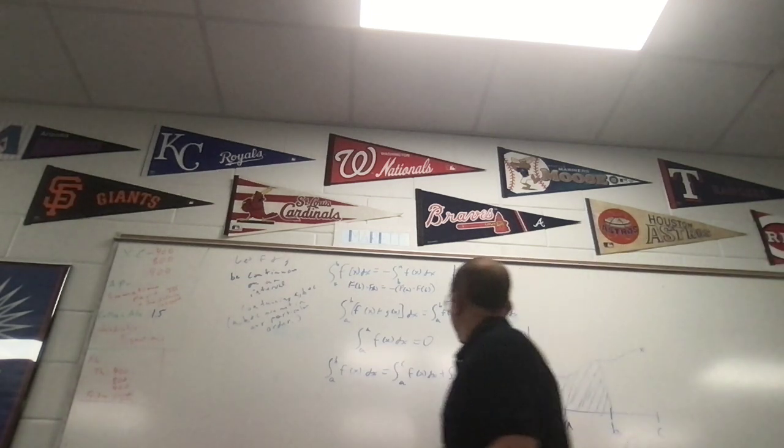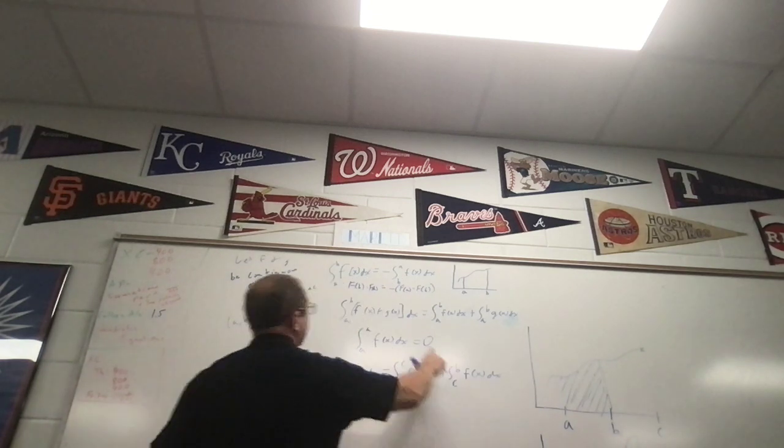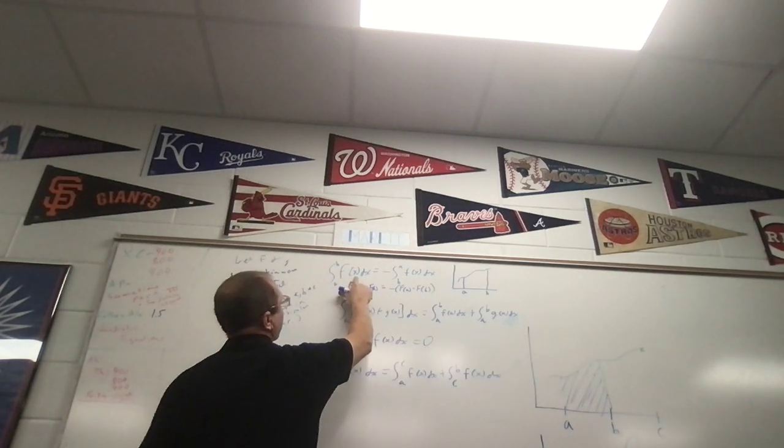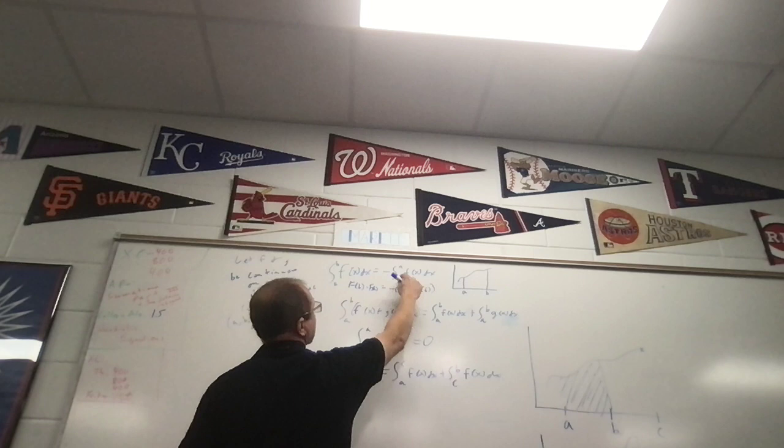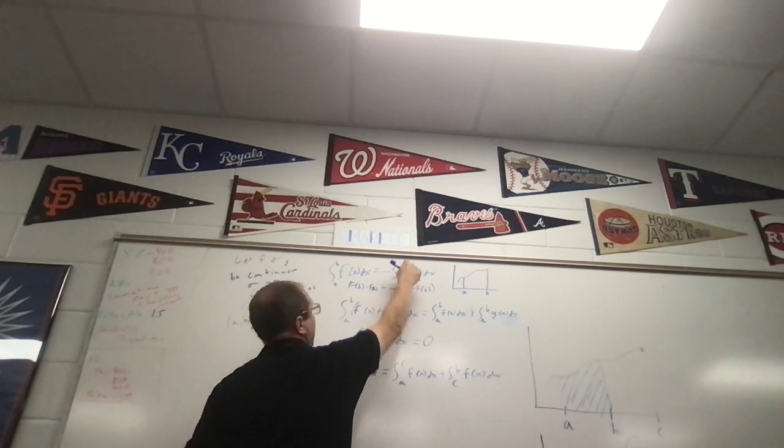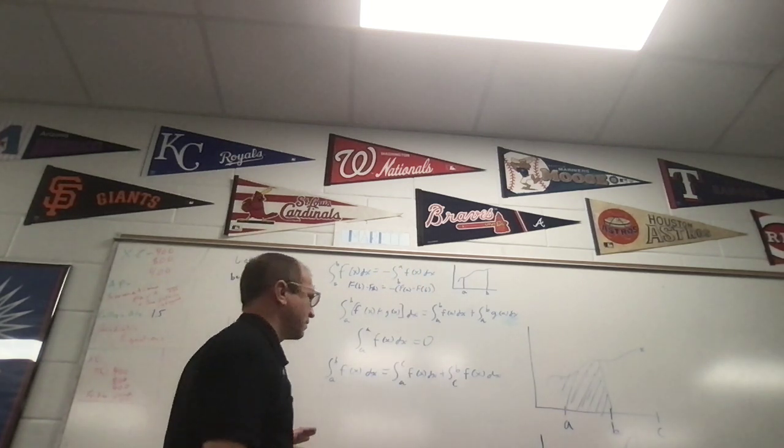The first property said that if we go from a to b of f of x dx, that's the same thing as the negative of b to a of f of x dx.